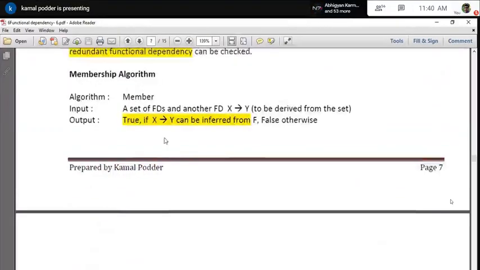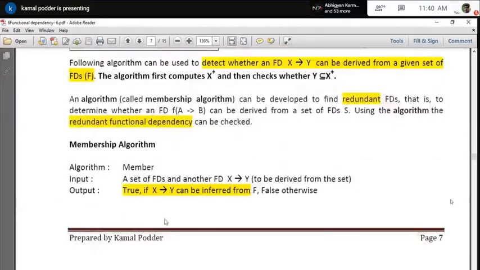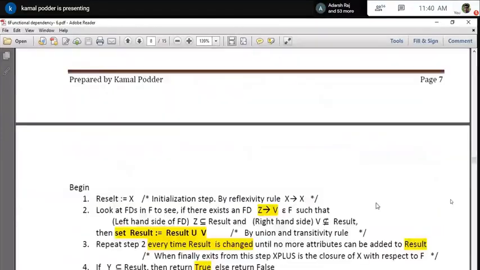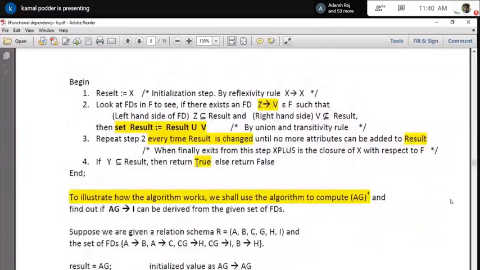That means now one by one you pick up an FD from the FD set and check the left hand side. So the result is X to begin with. It will enlarge ultimately, because it will contain all the attributes which are in the closure of X.